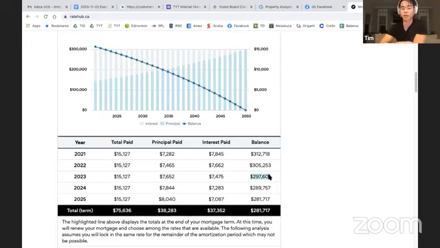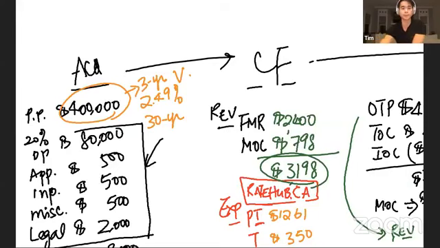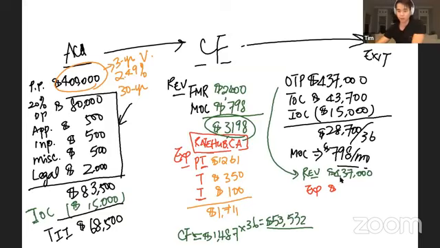This is the balance at the end of the 3-year term. So what we're going to do is go back now to the whiteboard again and write that amount down. 297,601. This is your mortgage balance.